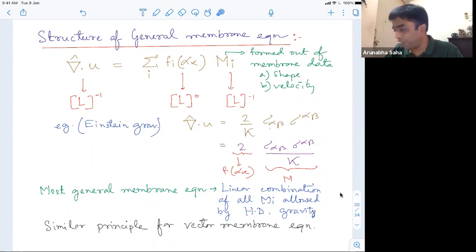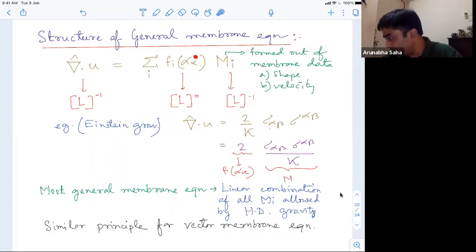We already saw one example in the Einstein gravity case, where this sigma was formed out of sigma alpha beta. This side has a dimension of inverse length, and I want these membrane objects to have dimension of inverse length, and they are multiplied with a dimensionless function, which is a function of this dimensionless parameter alpha K that I introduced.